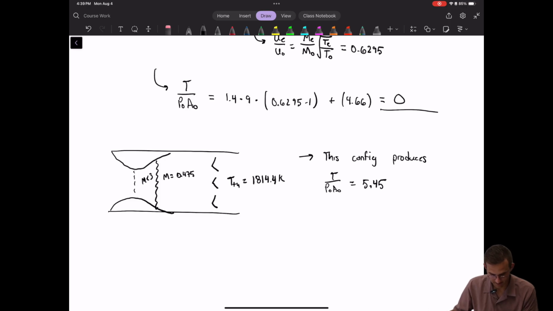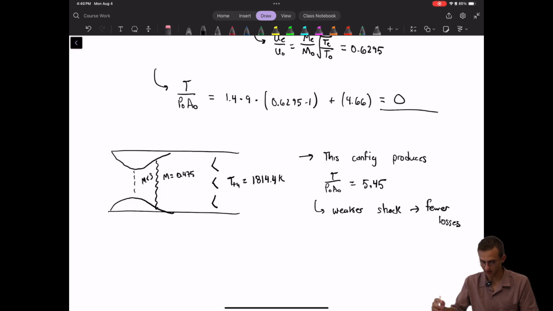Okay, and this all has to do with lower stagnation pressure loss across the shock. So this is a weaker shock. Fewer losses. Okay, so that's what's going on there.